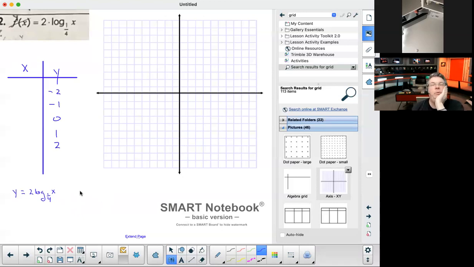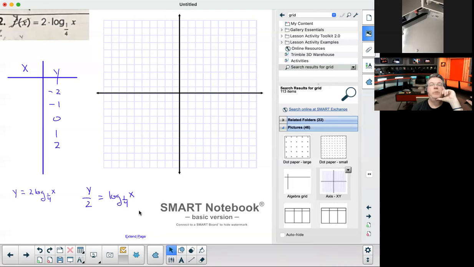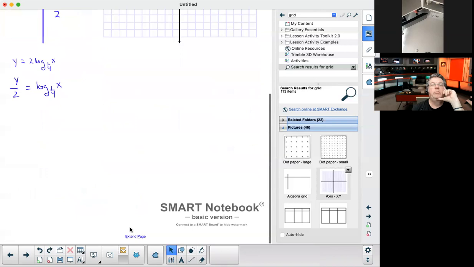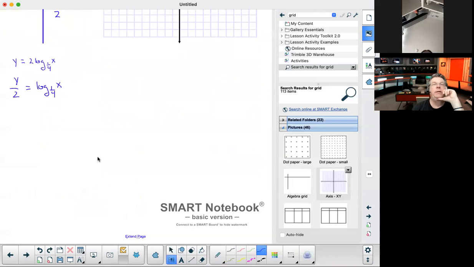Right. So then y over 2 equals log base 1/4 of x. That way the log is by itself. It's not too terrible then. So we tried 2, right?